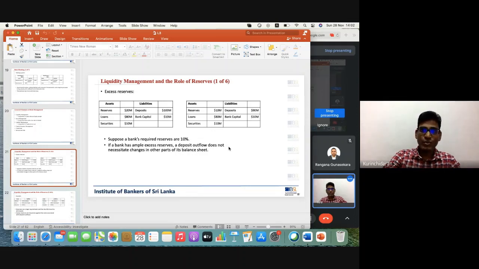So still you are satisfying the central bank requirement. At 10%, you now have to maintain 9 million, but your reserves are 10 million. So you still maintain 1 million excess, and you don't have any issues. So when you maintain an excess reserve, you don't need to worry about a deposit outflow.